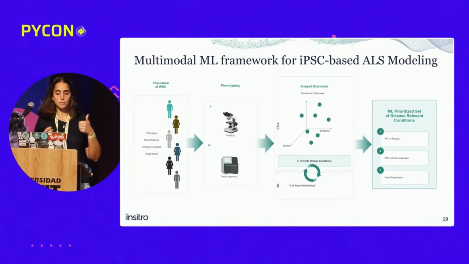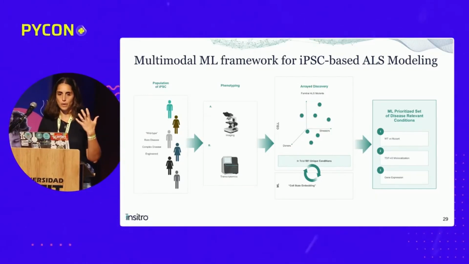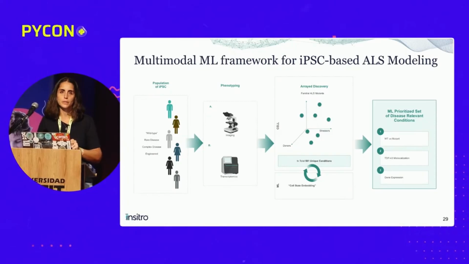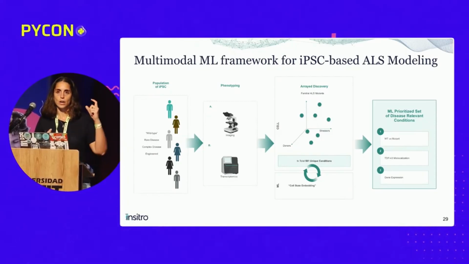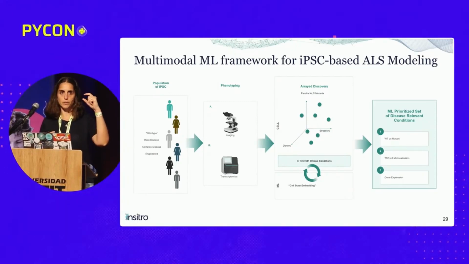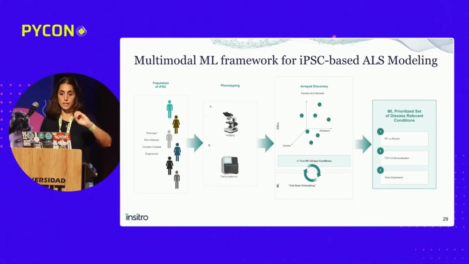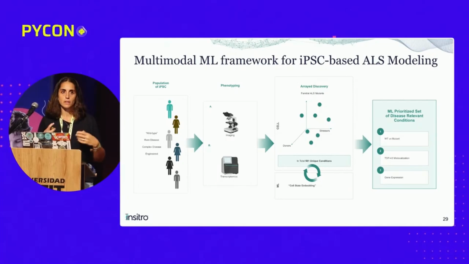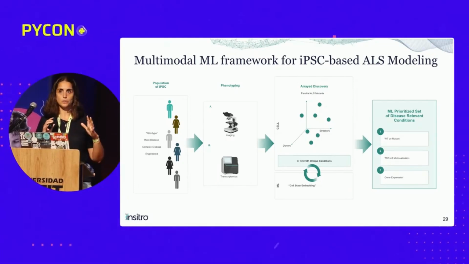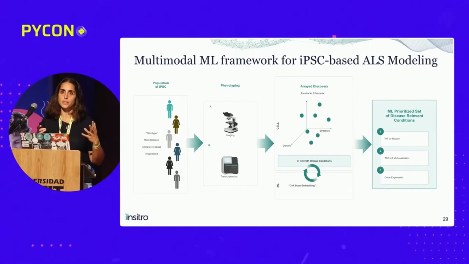That's the first task: predict healthy from sick, or wild type from mutant. Second, predict the classical features, so this is the TDP43 localization that I was telling you about, either in the nucleus or in the cytoplasm. And then the hardest task that we tried to do is to go multimodal. We have measurements of transcriptomics, and we have measurements from imaging.